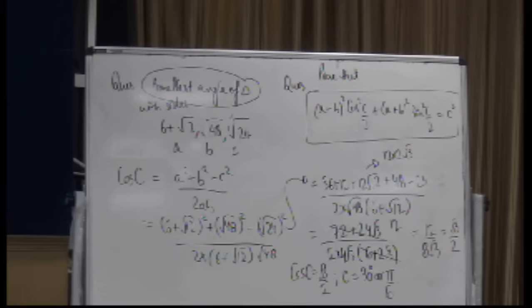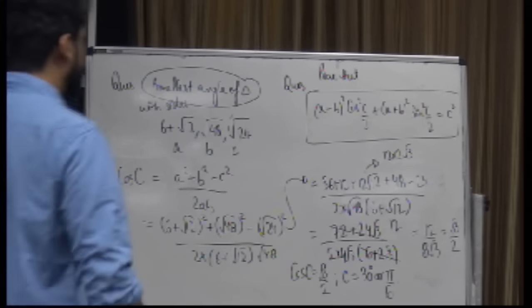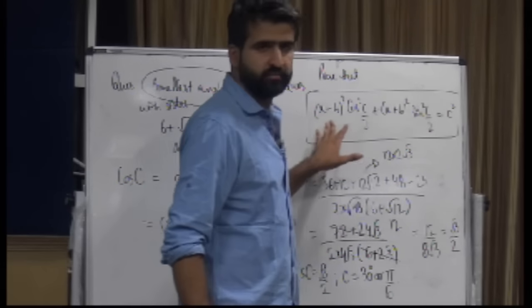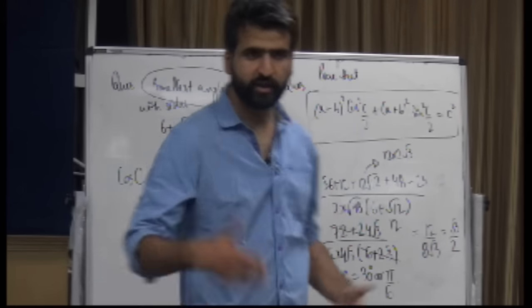Open the square. So first step will be open the square, open the identity. A minus B whole square, A plus B whole square.